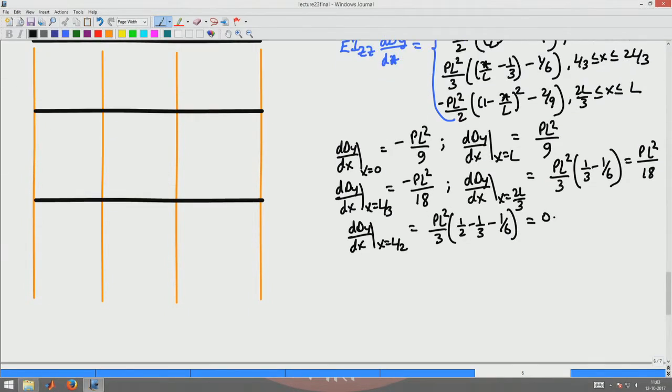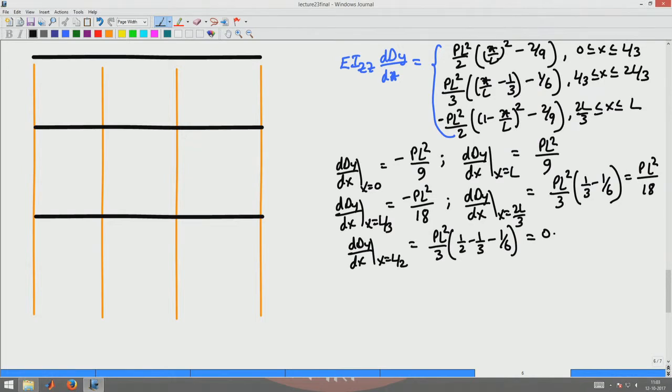Now let us see what is EI_zz into delta y. This is now PL cube by 6 into (x by L the whole cube minus 2 by 3 into x by L) for 0 less than x less than L by 3.